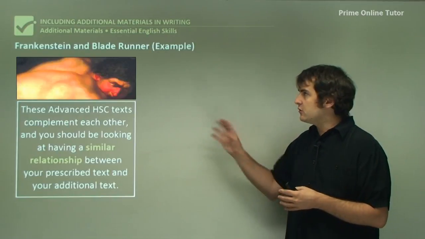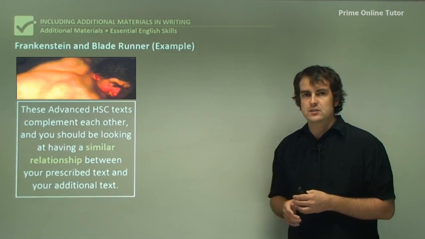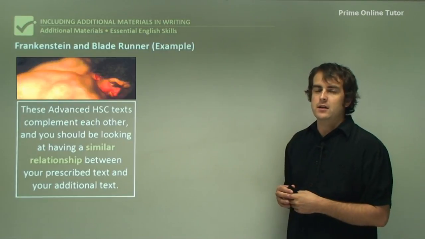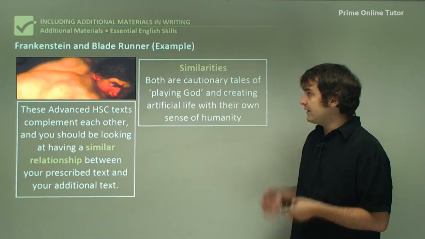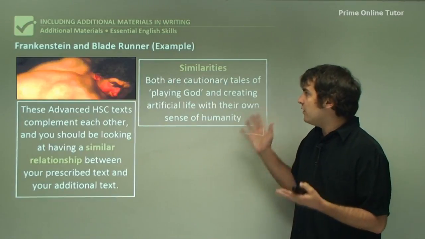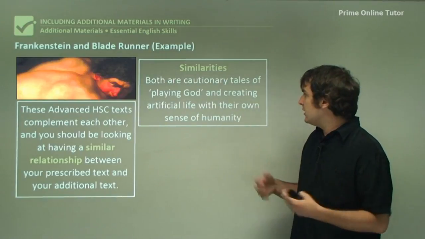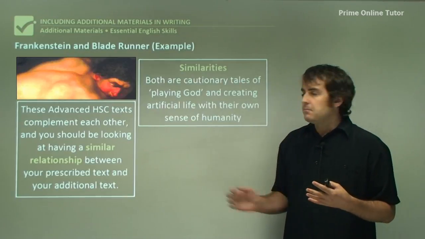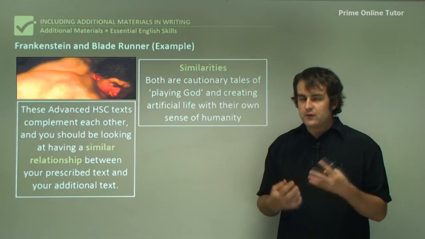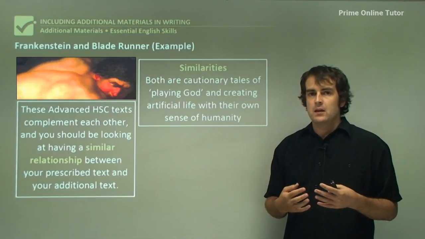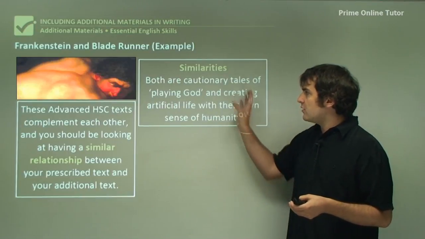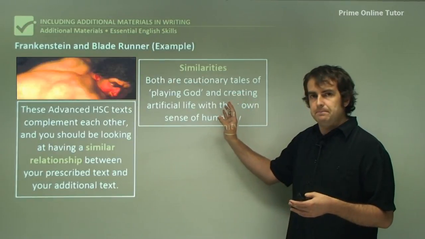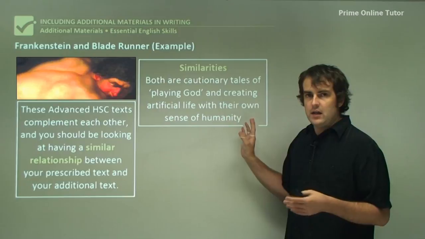So if you're discussing Frankenstein and then start discussing Blade Runner, you're going to be adding a new perspective to pretty much the same idea, the same argument. Their argument is quite the same: both are cautionary tales about playing God and creating artificial life with its own sense of humanity. That's what these texts have in common. They both have that at the heart of their stories, so you can construct an argument around this and continue it on without any issue at all.